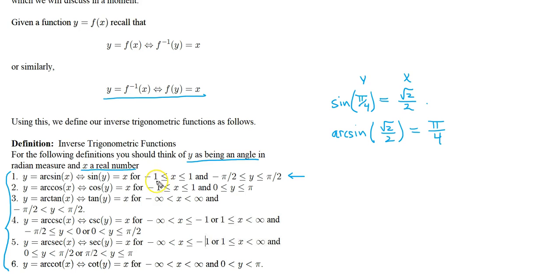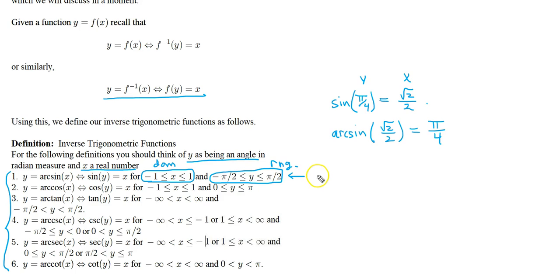Now also take a look down here. The domain of the arc sine function is from -1 to 1 inclusive, and the range is from negative pi over 2 to positive pi over 2 inclusive. So this is the domain of the arc sine, and this is your range of the arc sine.